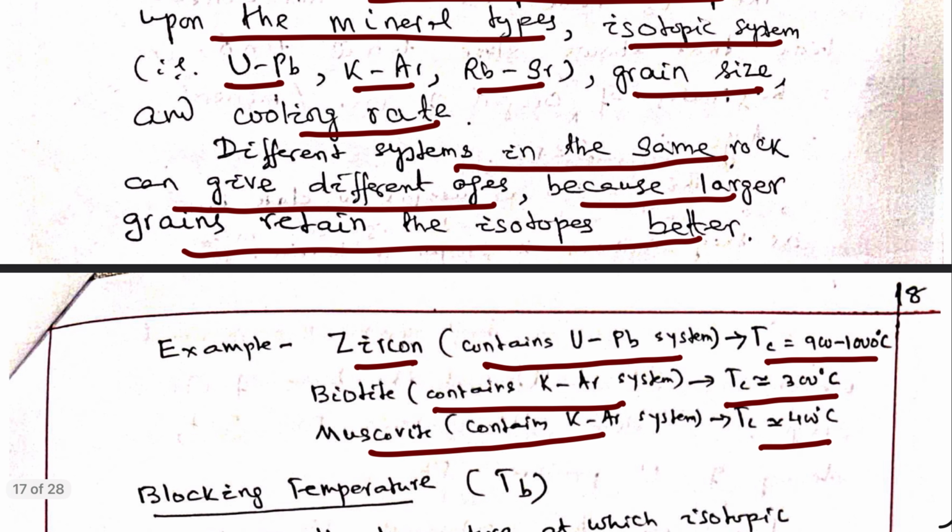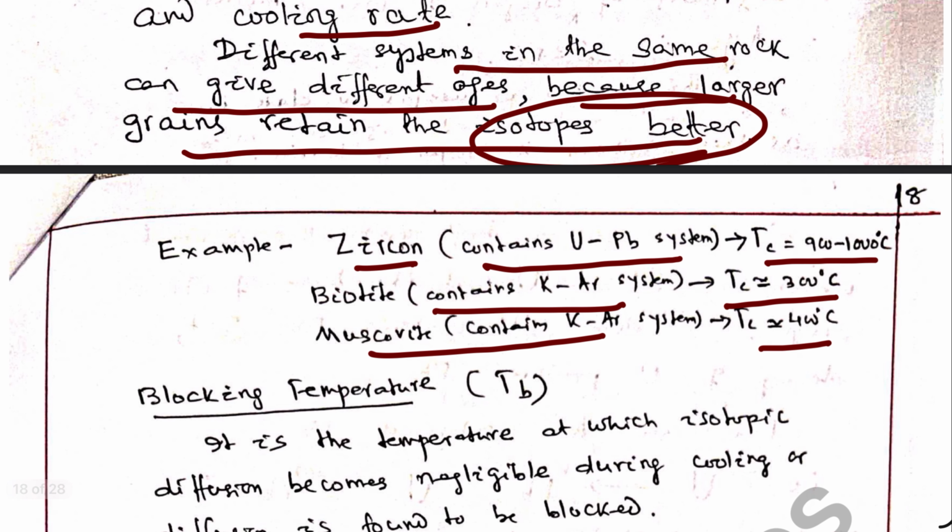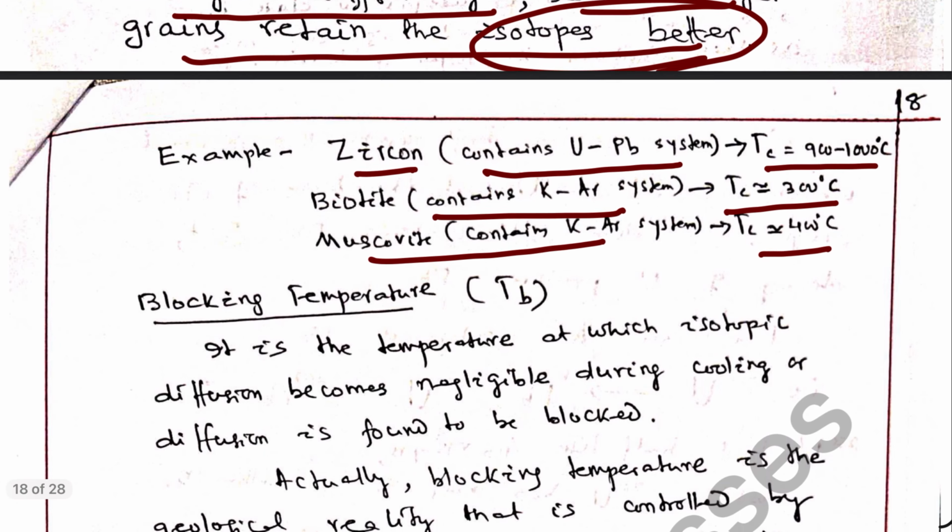So, different systems in the same rock keep different ages because the larger grains retain the isotopes better. As this property varies, the age becomes different.